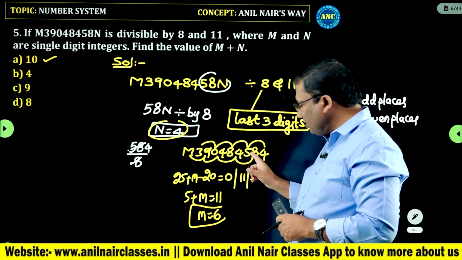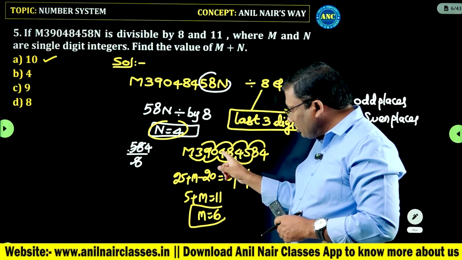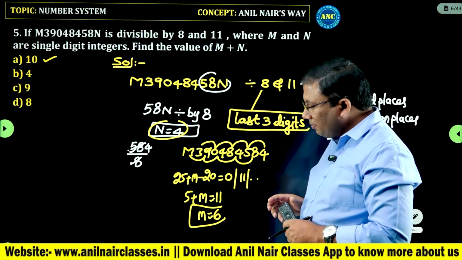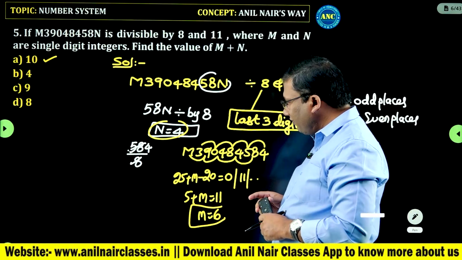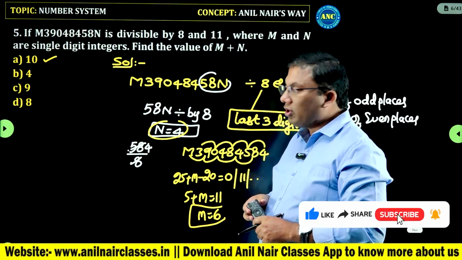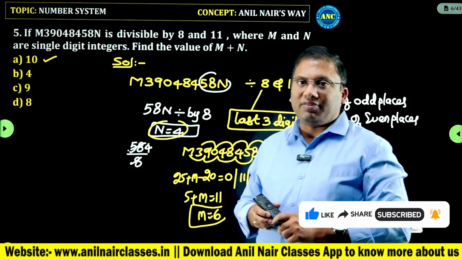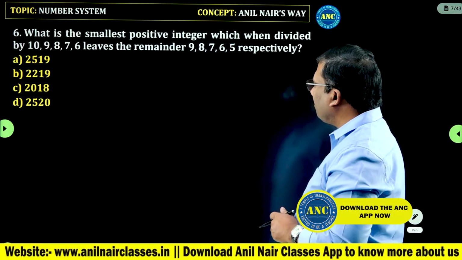Even places: 8 plus 4, 12, 12 plus 4, 16, 16 plus 9, 25 plus m. 25 plus m minus 20 should be divisible by 11. That means m value will be 6. If m is 6 and n is 4, m plus n will be 10. Good question based on the concept of divisibility rules. I hope the idea is very clear.